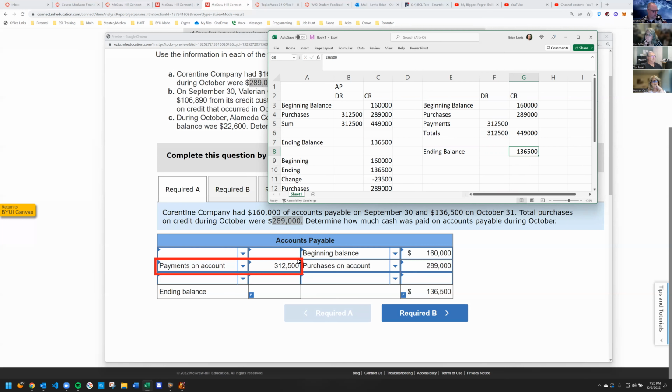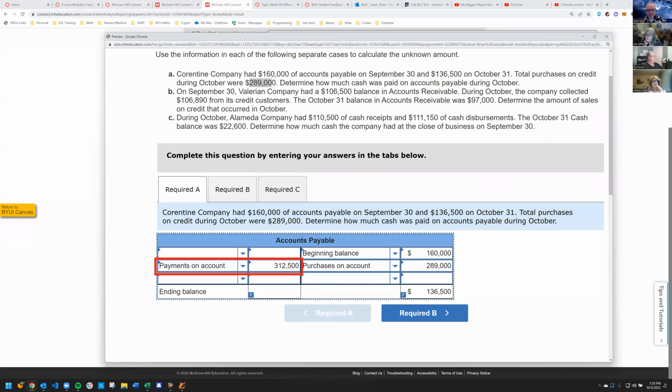Any questions on that? Where's it clear? There you go. So that's that one.